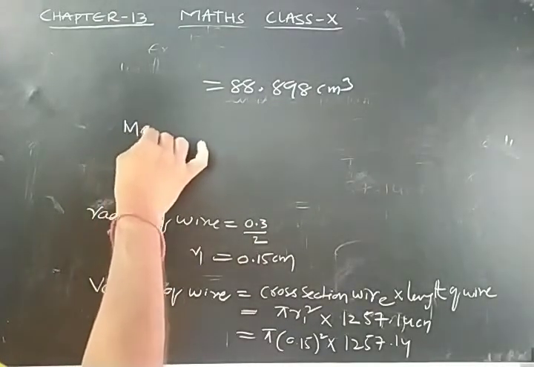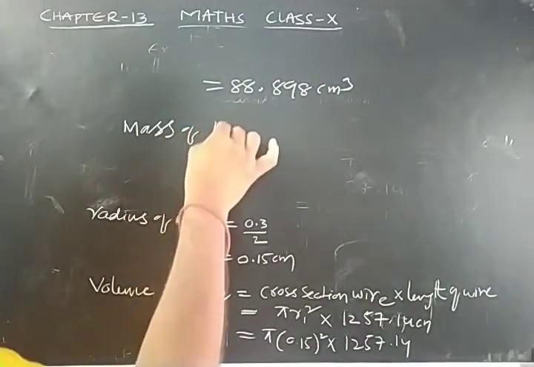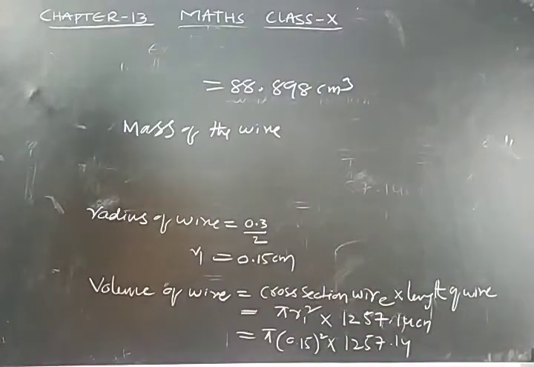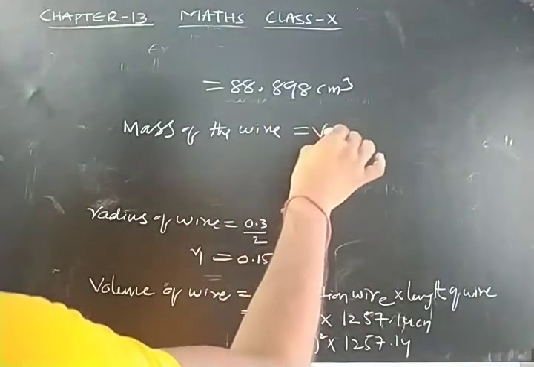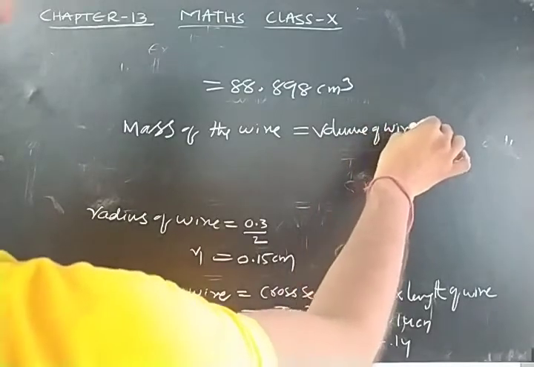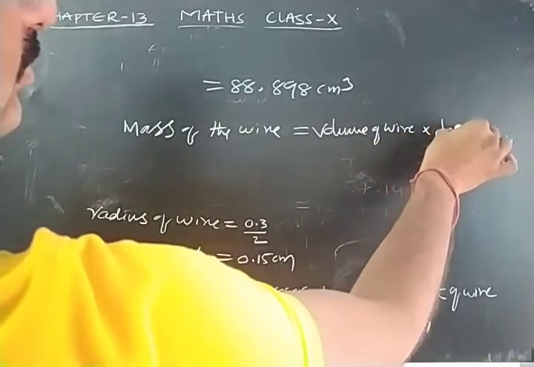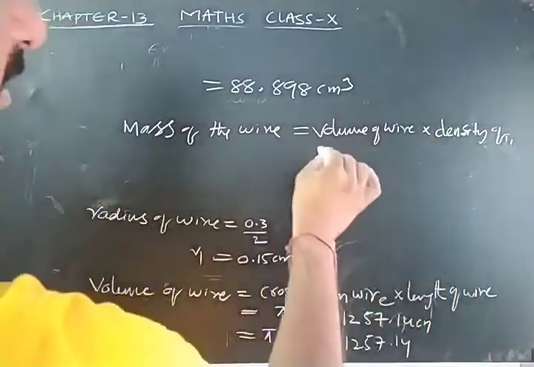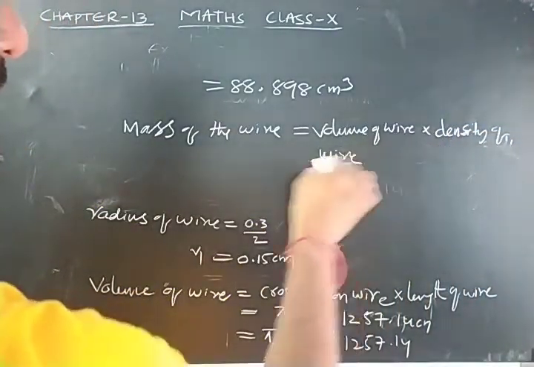Now we have to find the mass of the wire. Mass of the wire is equal to volume into density. What is the volume of the wire?